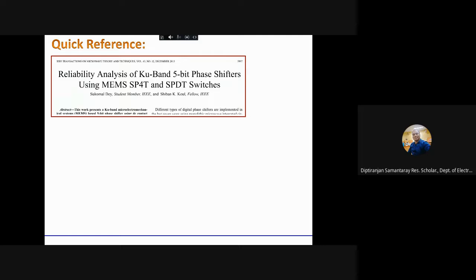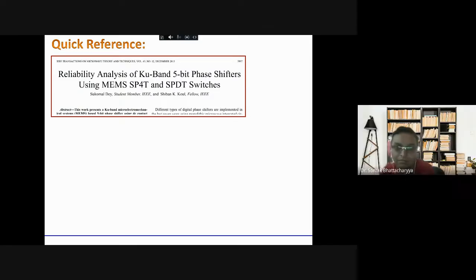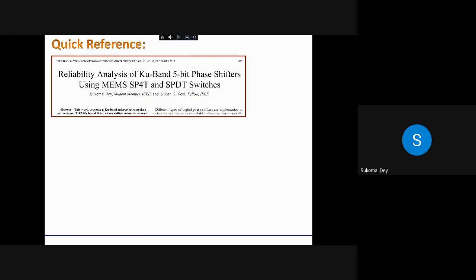Don't test it using a VNA. At power levels, it's not always very reliable. So it is better to use a power amplifier to check the power. I would rather say a traveling wave amplifier, but you can always check it using a power amplifier.